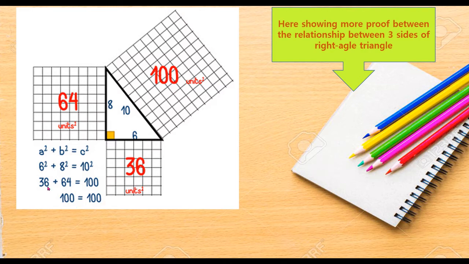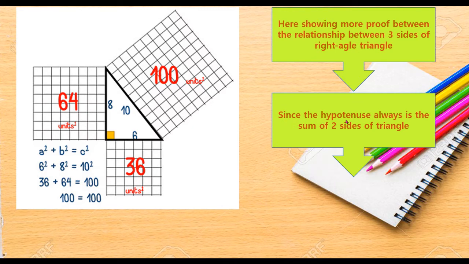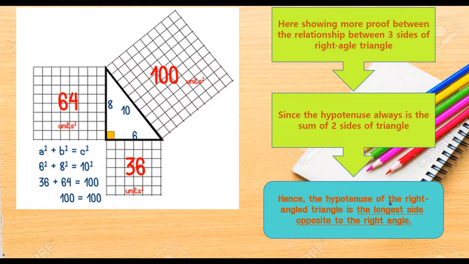You can see here the calculation is already showing. So since the square on the hypotenuse is the sum of the squares on the two sides of the triangle, the hypotenuse of the right angle triangle is the longest side, opposite to the right angle.